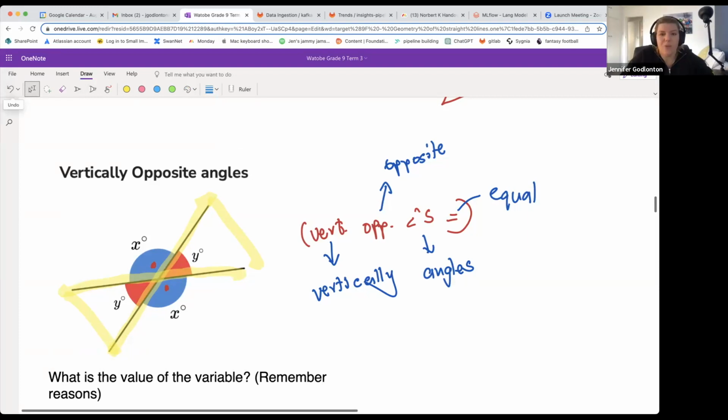Yes, Tando, how can I help? Hello, ma'am. I just wanted to find out on the reasoning. I see that you wrote vert opp angles. What if you write the full reasoning in full?